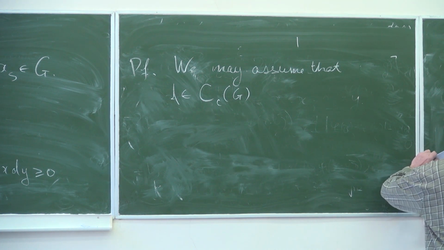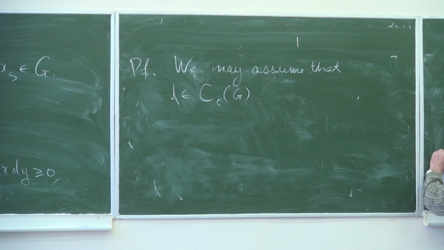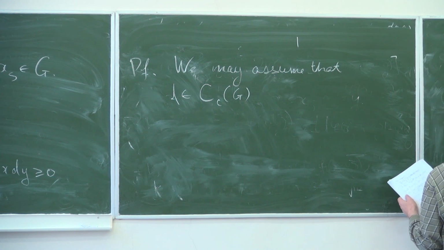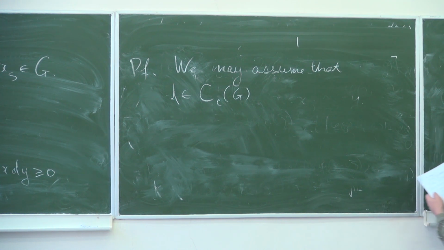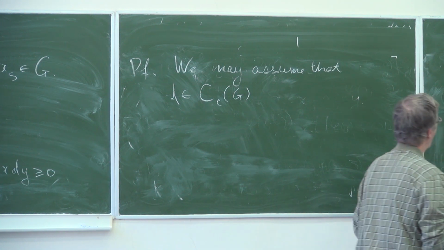So let A be a commutative Banach algebra, and let M of A be its spectrum, the Gelfand space.